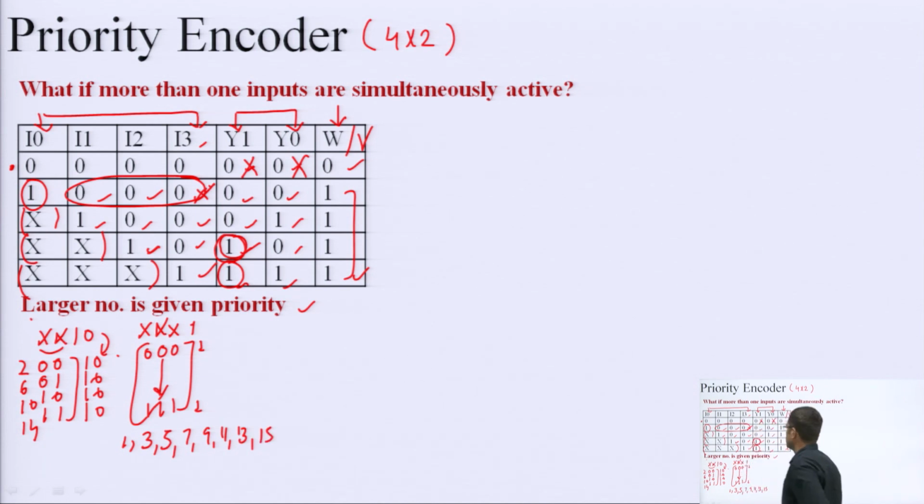So, 8 possibilities from this single high term. Similarly, this one corresponds to cross 1 0 0, that means cross can have 2 values 0 or 1. So, for 0 we will be having 4 and for 1 we will be having 12. So, for this one we will be having min terms 0 1 0 0 4 and 1 1 0 0 12. So, these are the converted values.